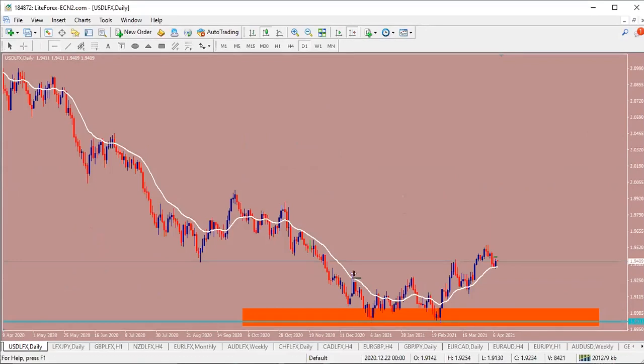There was a break here at the end of the month. This is the market structure level. This is where it breaks out from. Are we clear?